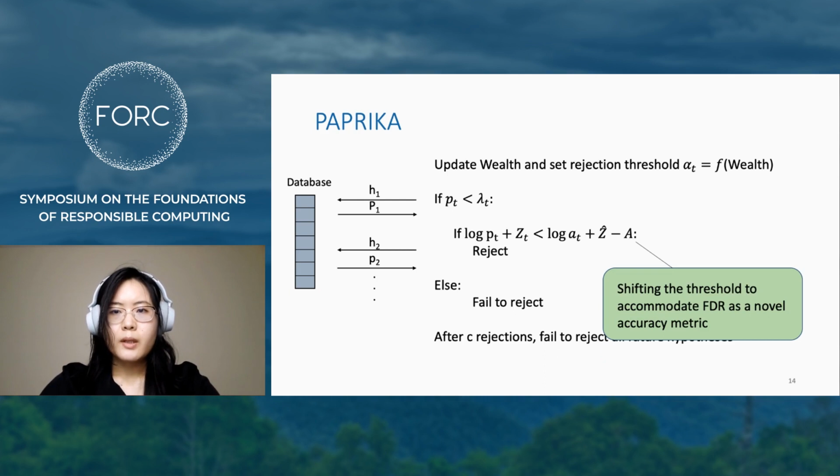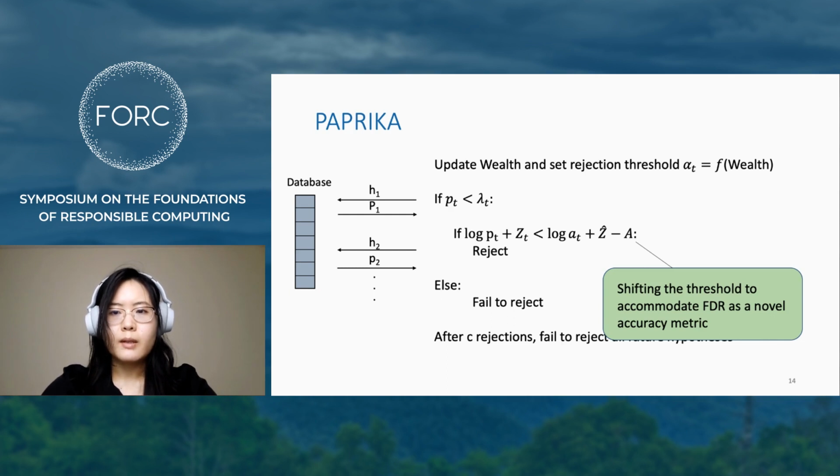And the accuracy guarantees of sparse vector ensure that if a value is reported to be below that threshold, then with high probability, it won't be more than some level above the threshold.